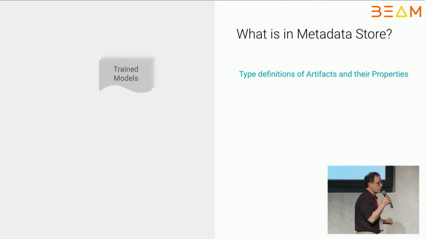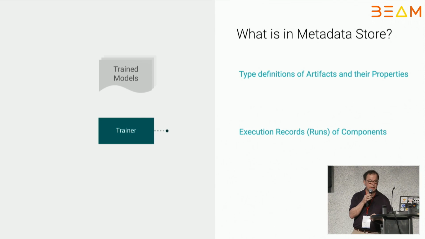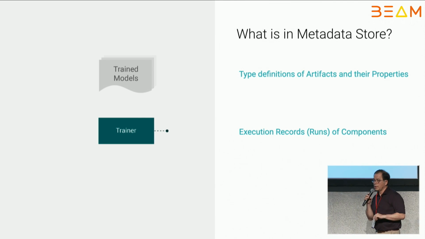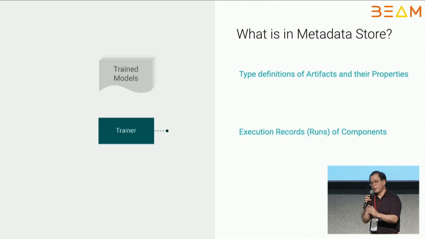All those create the environment, the data environment that the pipeline lives in, as well as execution records. So every time I run through the pipeline, that becomes an execution, and keeping a record of those is important.